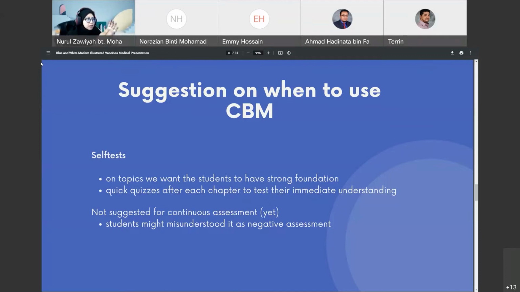It's like mimicking the normal exam. But CBM is very good for them to see their own result as well, like how confident you are, how not confident, how unsure you are, and so on. So self-test on topics we want the students to have a strong foundation in, like the basics, the fundamental things. Quick quizzes after each chapter to test their immediate understanding.